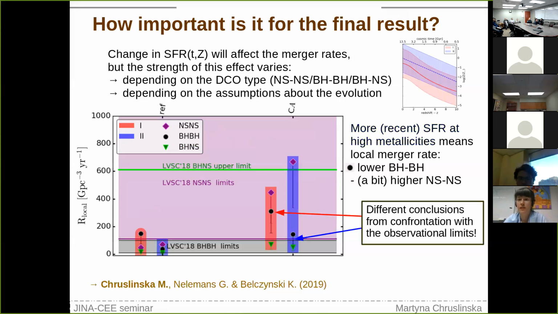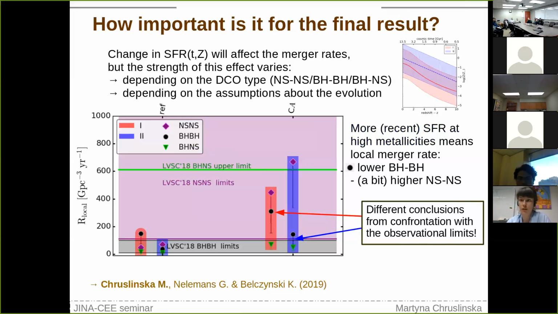But looking at the right part of this figure, you can also see that if we would like to compare with observations, then we would reach slightly different conclusions from the red universe and blue, because in the red case, we would conclude that we are overestimating the number of merging double black holes. So maybe our model is wrong, or maybe we should change the assumptions about the evolution for more massive stars, for instance.